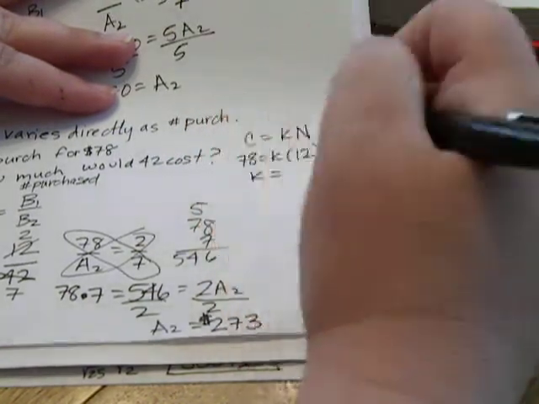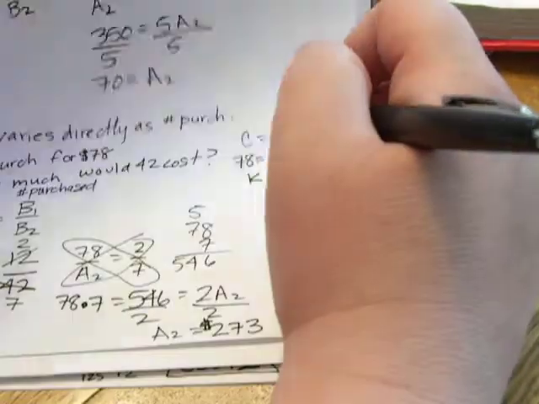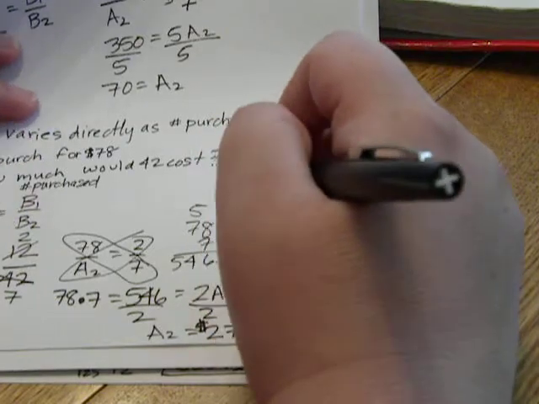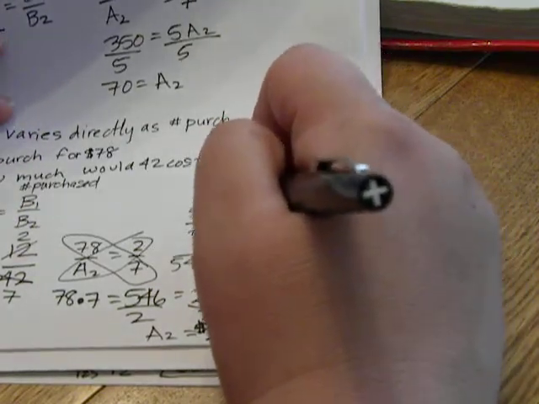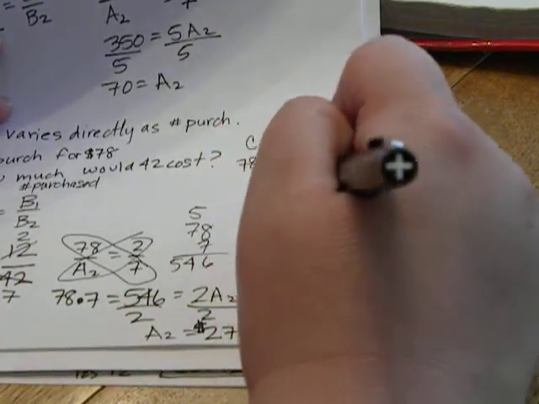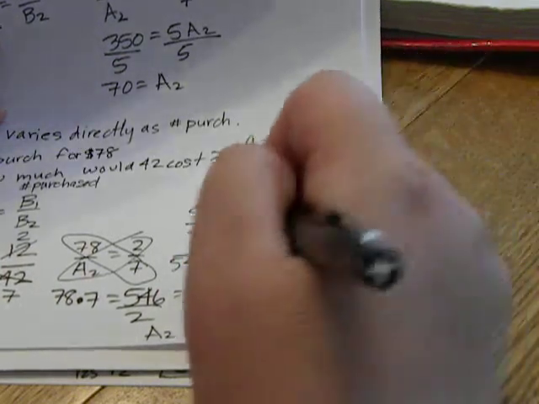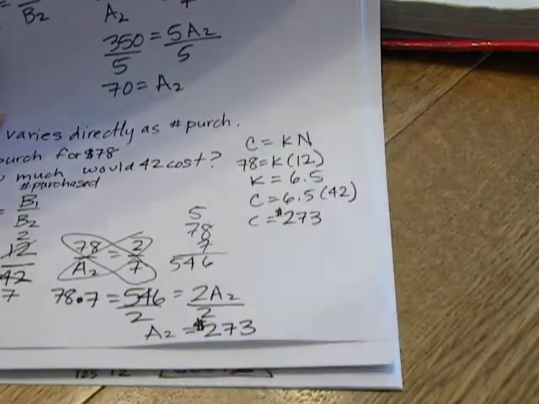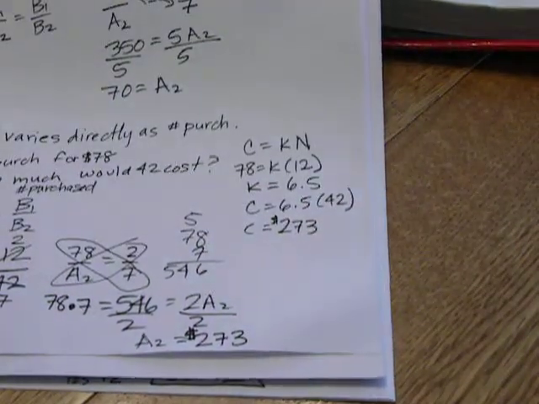So we would end up getting K equals, I'm going to cheat and just look, K equals 6.5. Okay, and then come back and see, how much would 42 cost? So C equals 6.5 times 42. 6.5 times 42 gives us 273. So you get the same answer either way that you do it. Okay.